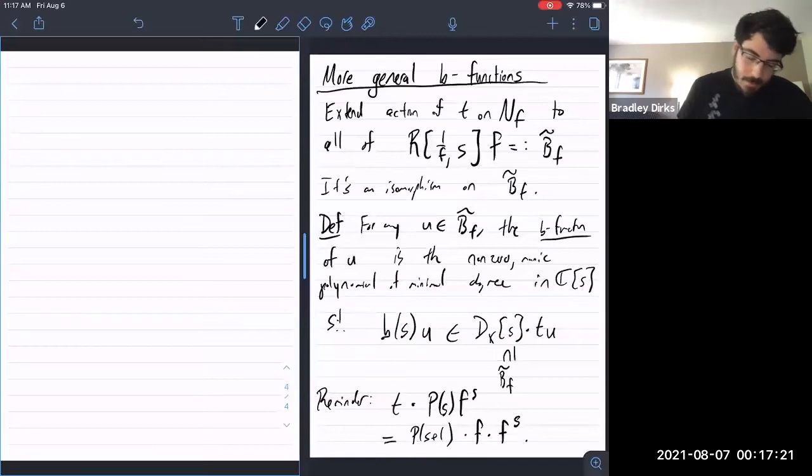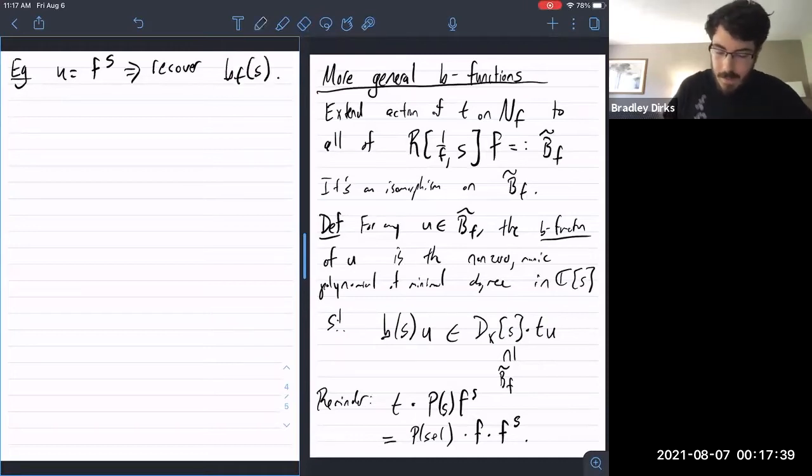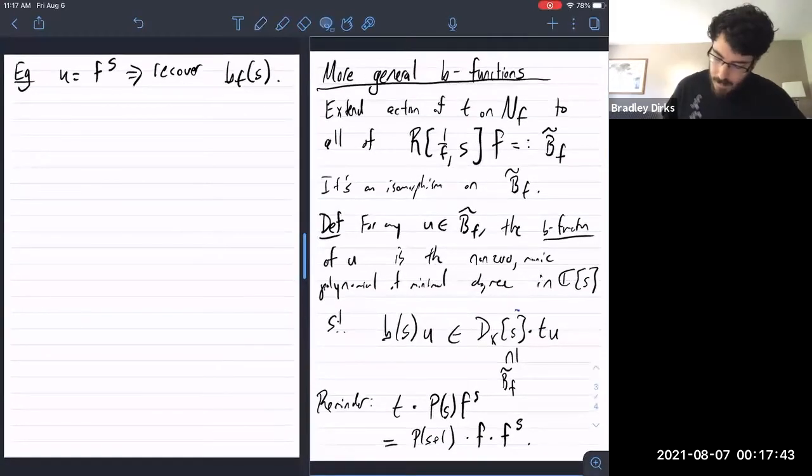Great. So maybe an example is if we let u just equal this f^s, then actually we recover this Bernstein-Sato polynomial. So I guess we just recover b_f(s). Right, and that's because, sorry, I don't want this to be the definition.